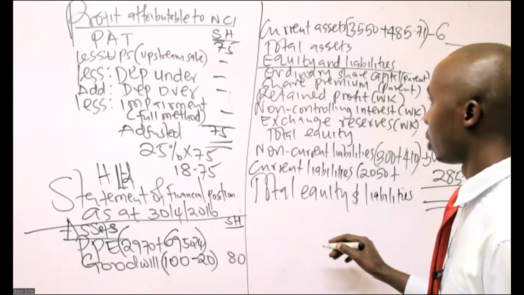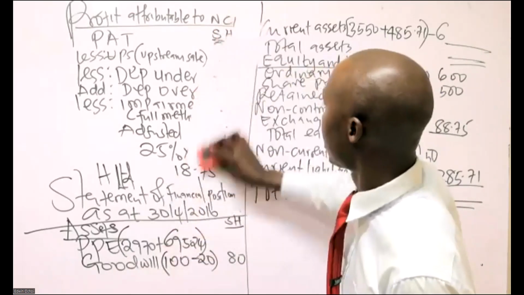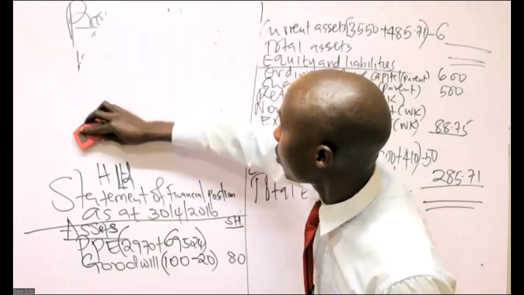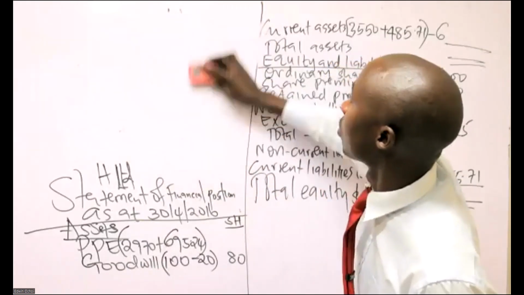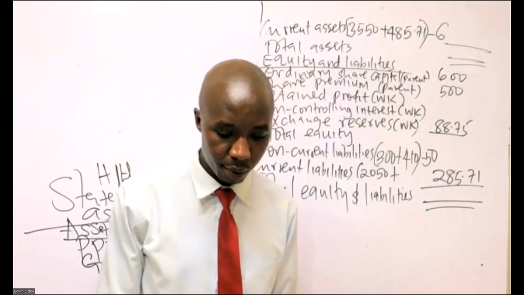Let's do the workings as you do the summations for the others. So let's do the retained profits, then NCI.